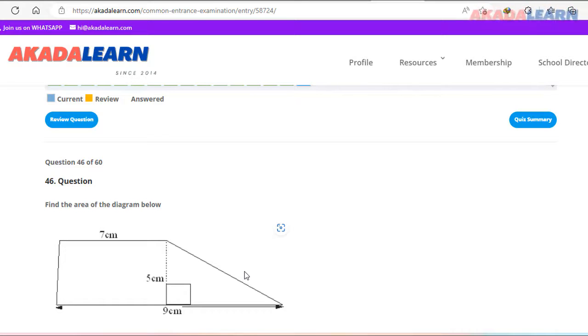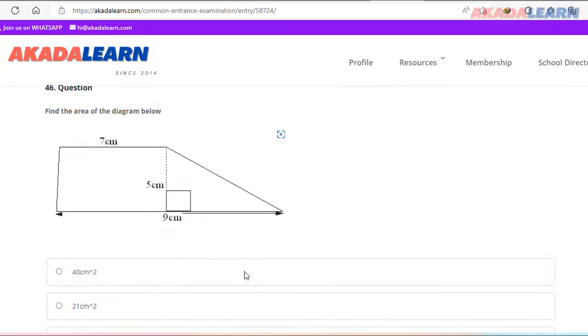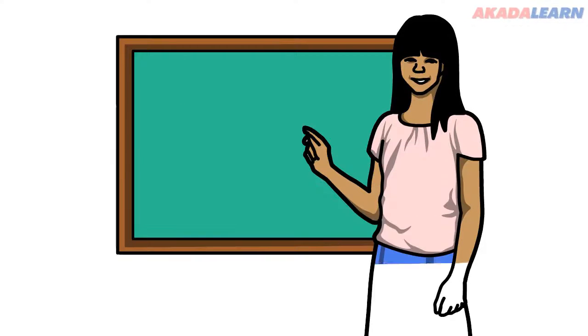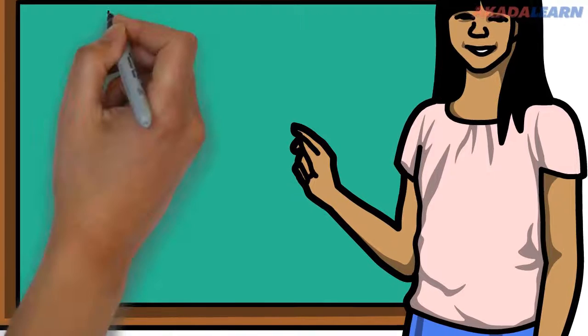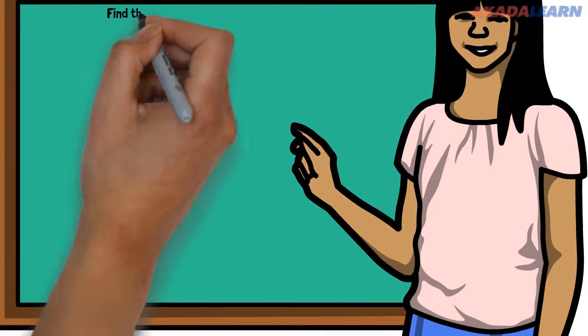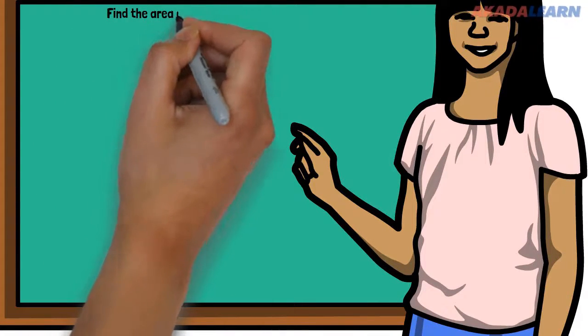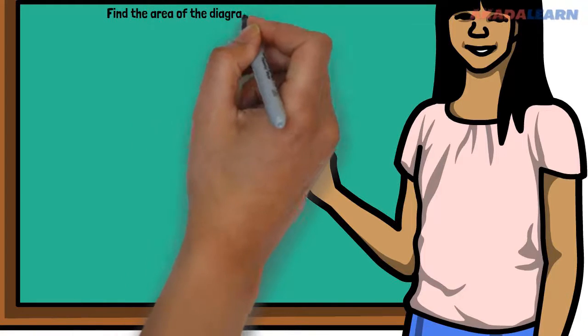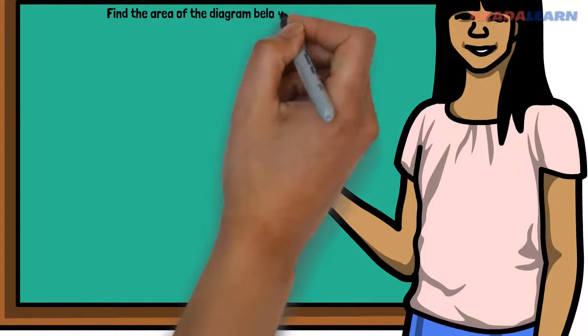Find the area of the diagram below. Alright, we can see the diagram and we can see the options. So let's go to our video and see how to solve this problem. Okay, let's begin. Find the area of the diagram below.